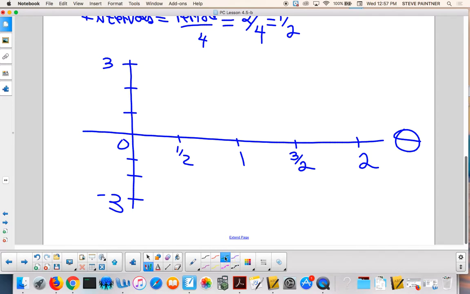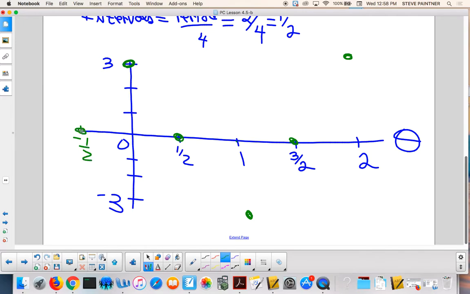Graph the first point, which was 0, 3. Second point was how many radians? Half a radian, comma, 0. 1 radian, 0, 3. And now you should know, guys, you went this far back. What would -1/2 get you? 0.